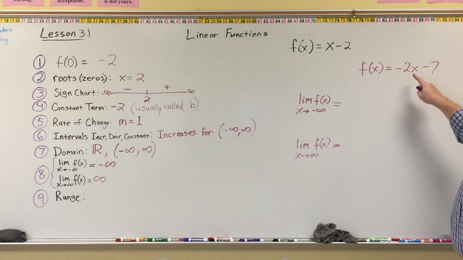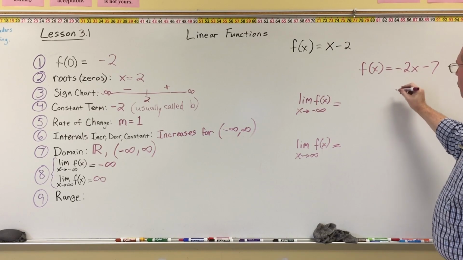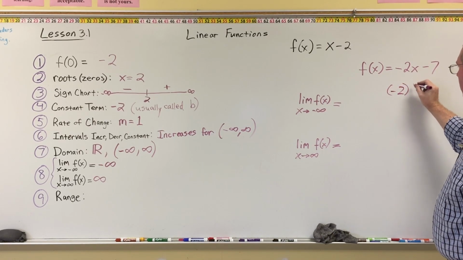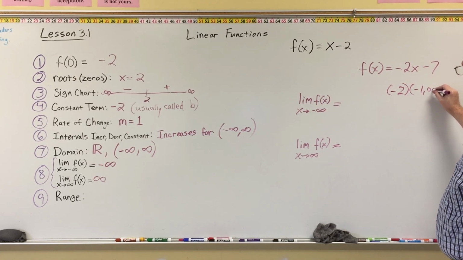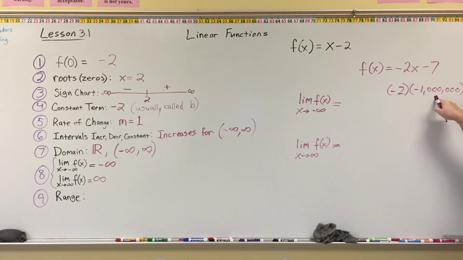Now here's what's going to happen. If I put negative 1,000,000 in for x, and I multiply negative 1,000,000 times negative 2, well, a negative times a negative is a positive. So negative 2 times negative 1,000,000 is positive 2,000,000.